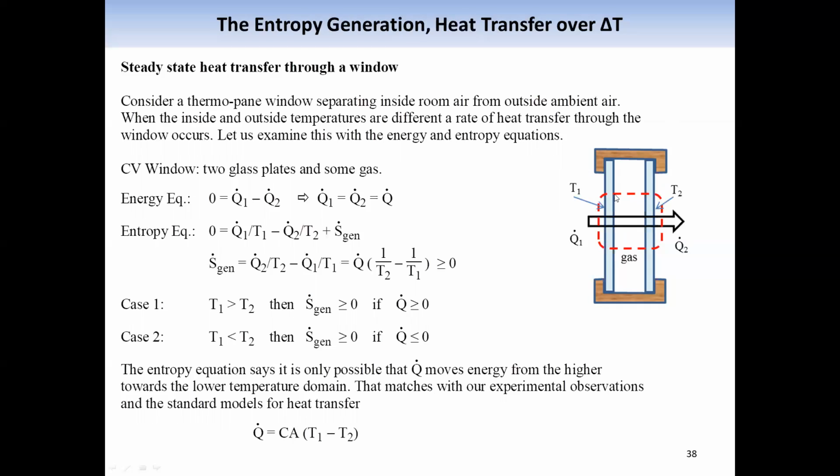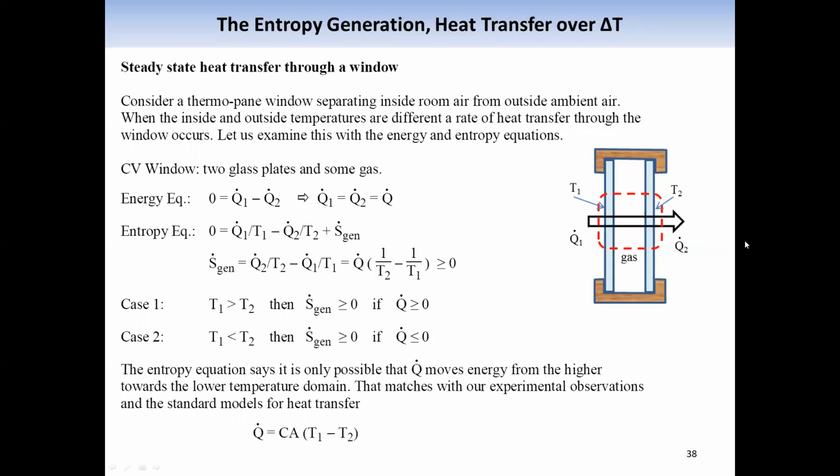If we take a control volume, like we draw in red, there are two heat transfer terms associated with this control volume. One is heat transfer from outside to the control volume. The other term is heat transfer from the control volume to the inside of the house.